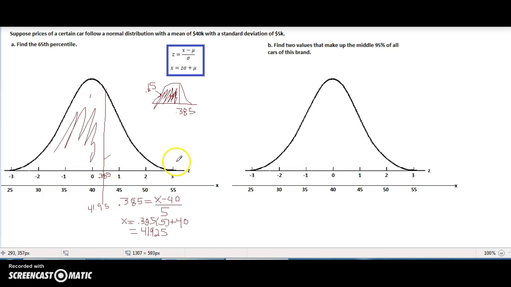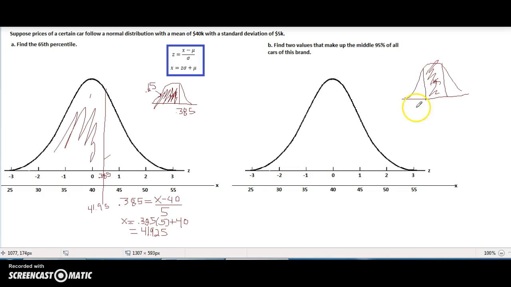So for the second example, we want to find two values that make up the middle 95% of all cars of this brand. So we start again. Let's just draw another plot. We want to find the middle 95%. If we have 95% in the middle, that means we have 0.05 in the tails.